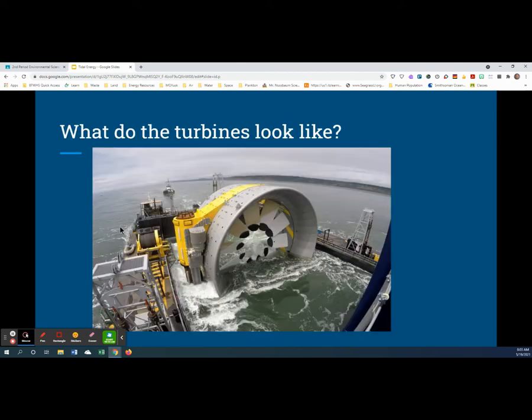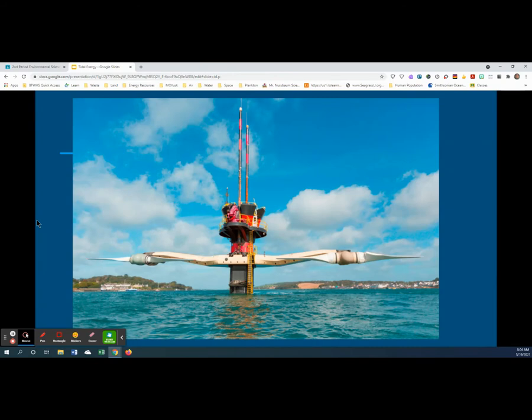So what do these turbines look like? You just watched a video that showed you some examples of the different types of turbines that there are. Here's an example right here, and it shows you just how large some of these turbines are that they're placing near the shoreline. Again, these can produce massive amounts of energy. This one right here is more like a wind turbine.